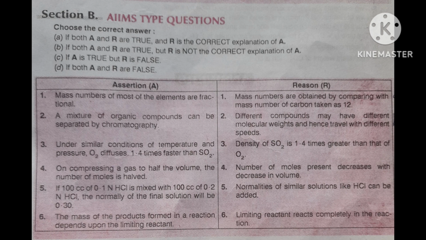One more time, assertion: under similar conditions of temperature and pressure, oxygen diffuses 1.4 times faster than SO2. Reasoning: density of SO2 is 1.4 times greater than that of O2. Think what the answer will be.